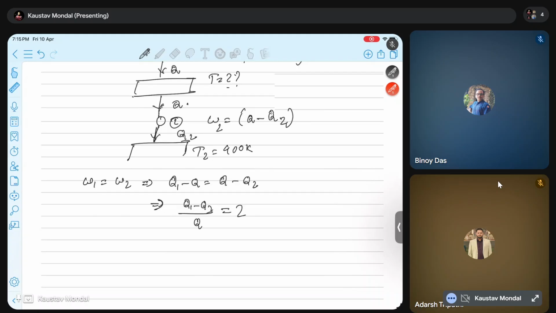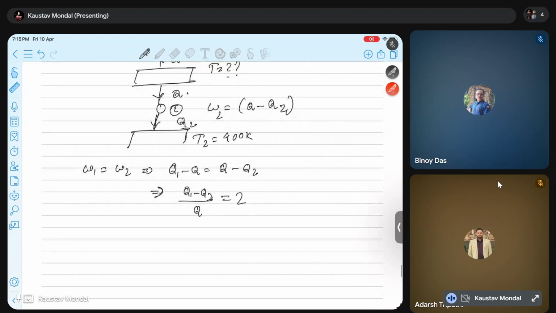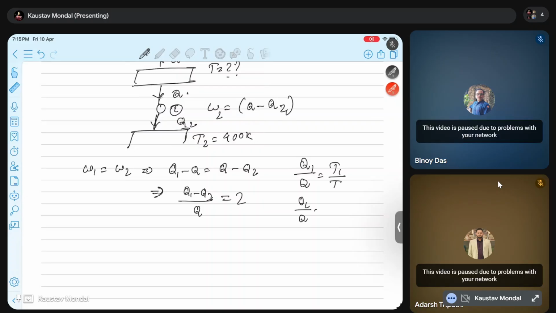equal to 2. Now since it's a Carnot engine, Q1 by Q is T1 by T, and Q2 by Q is T2 by T, right?